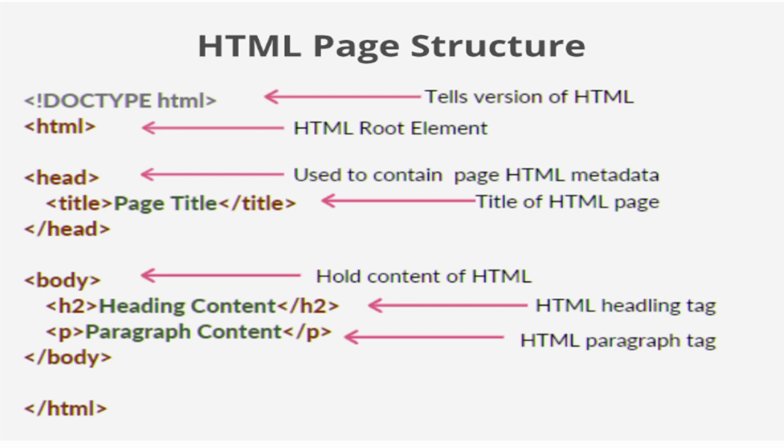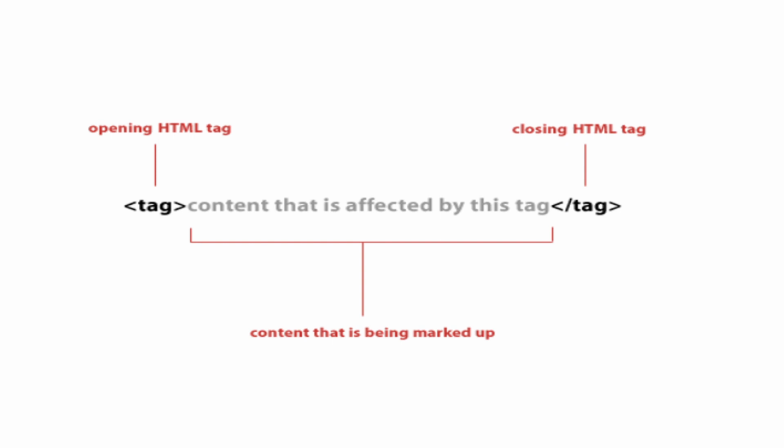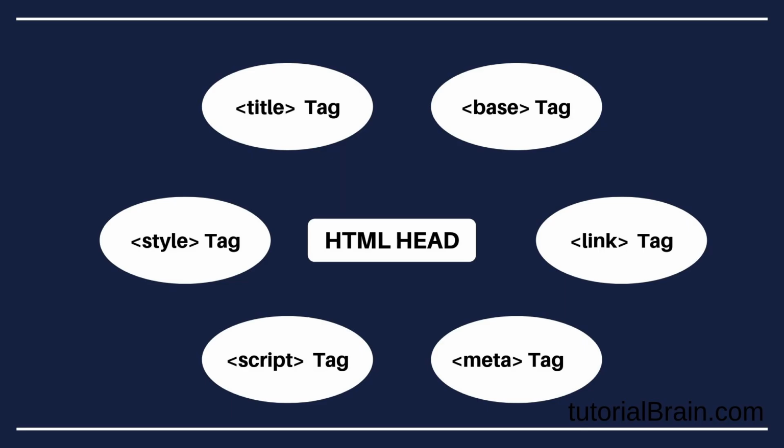Later the body, which contains the content where the user can see and interact. And this is the syntax of an HTML tag, where the opening tag, the content in the middle, and the closing tag.